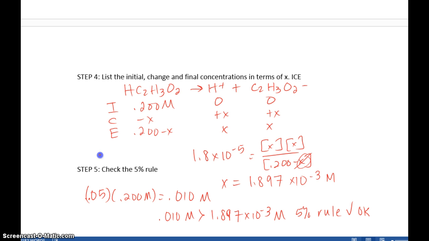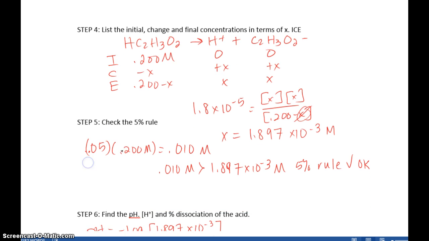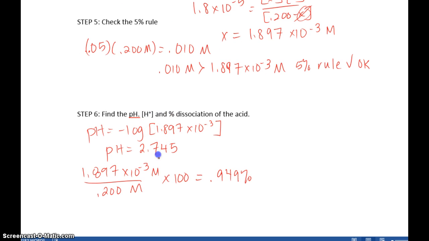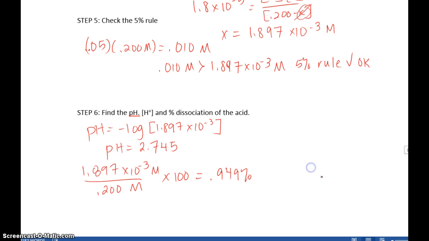I'm going to check my 5% rule. I'm just going to check it by my initial acid concentration. And I get 1.25 times 10 to the minus 2 molar, which is greater than 4.50 times 10 to the minus 4th molar. So my 5% rule check is okay.